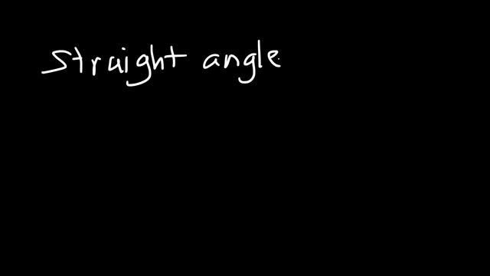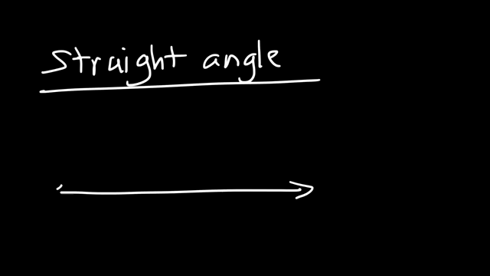And finally, you need to be familiar with the straight angle. The straight angle has a measure of 180 degrees. So that's a straight angle. It looks basically like a line.